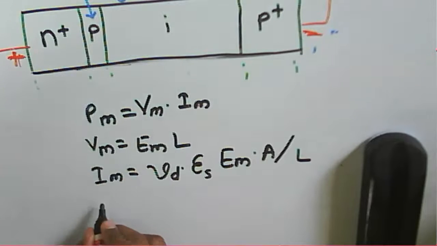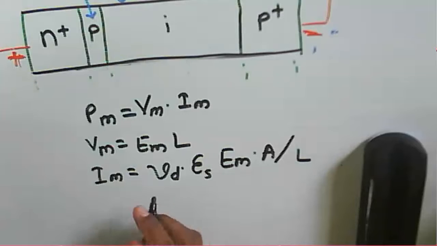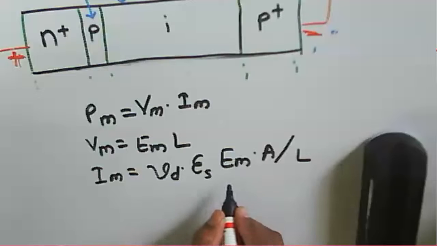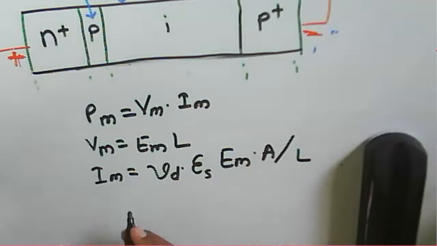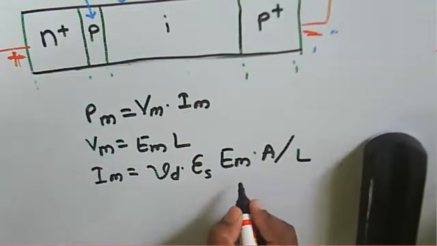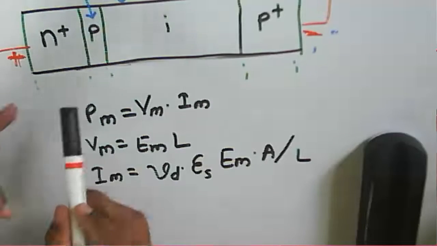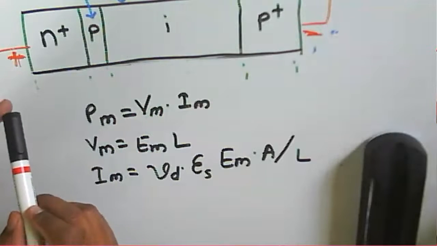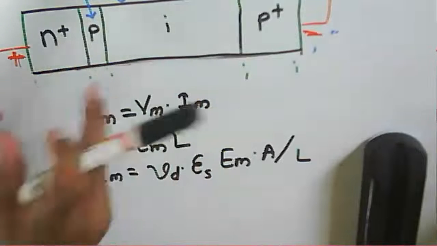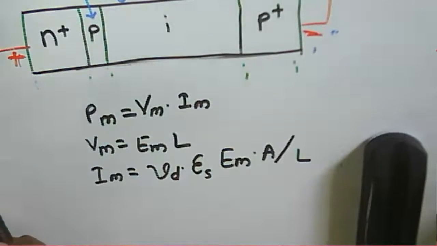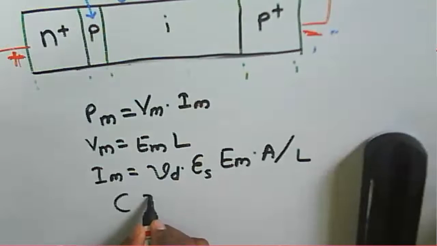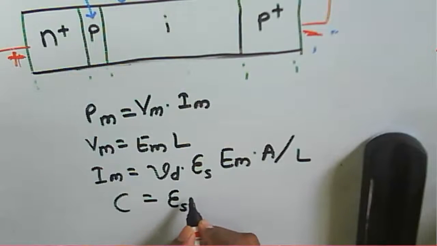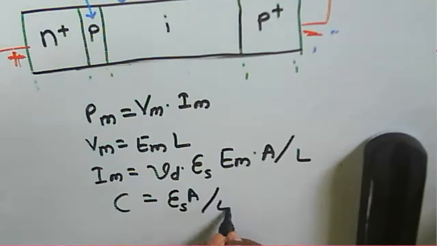Okay, I'll just write directly for this region here. A is for the avalanche region. Generally A is the junction formed across this particular diode, so there will be some capacitance across the junction. Capacitance is nothing but epsilon A over L, where L is the length and A is the area here.